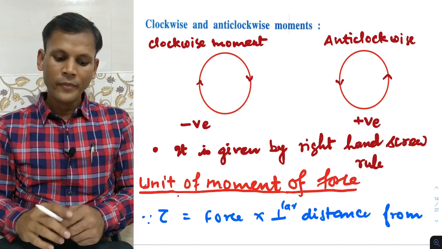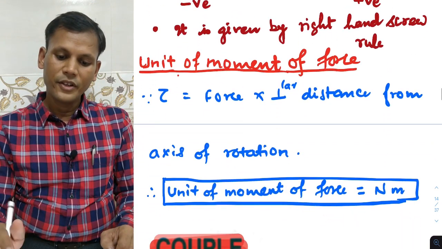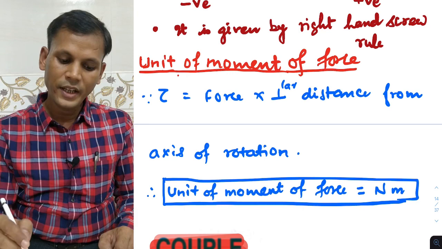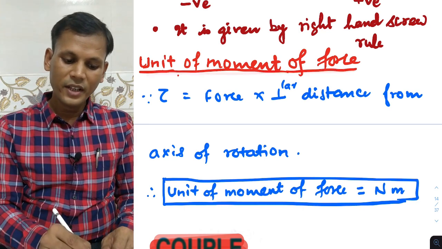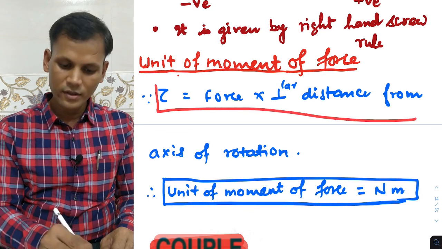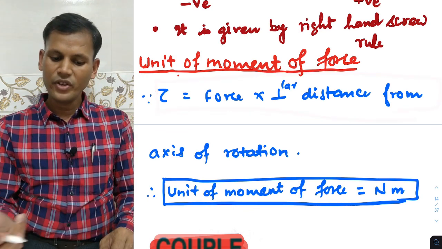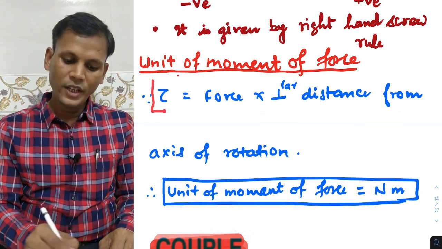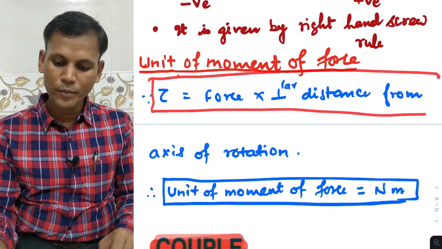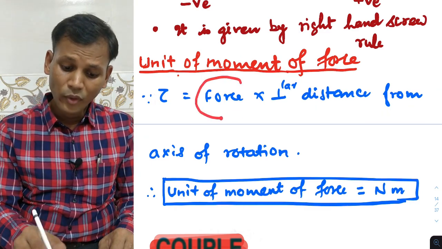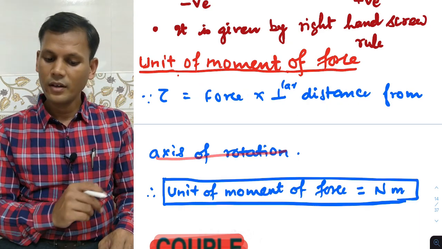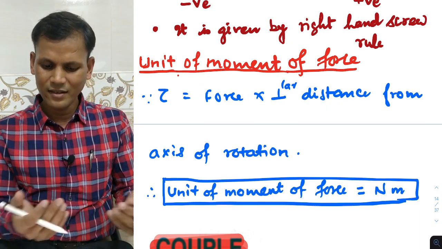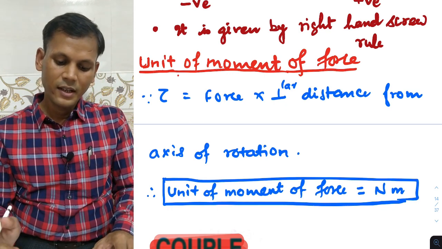Fine. The next term is the unit of moment of force. We have written the moment of force definition and, by definition, the formula. Moment of force is defined as the product of force and perpendicular distance from the axis of rotation, as I have already told.